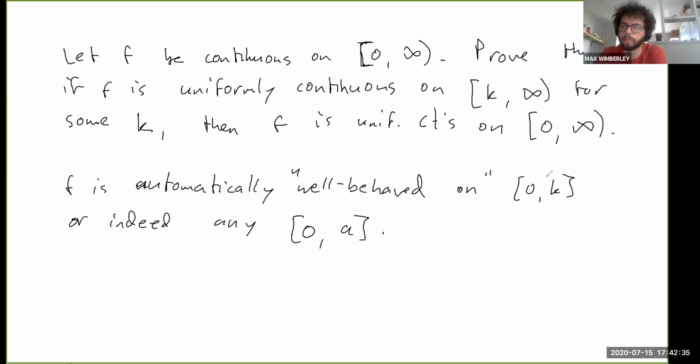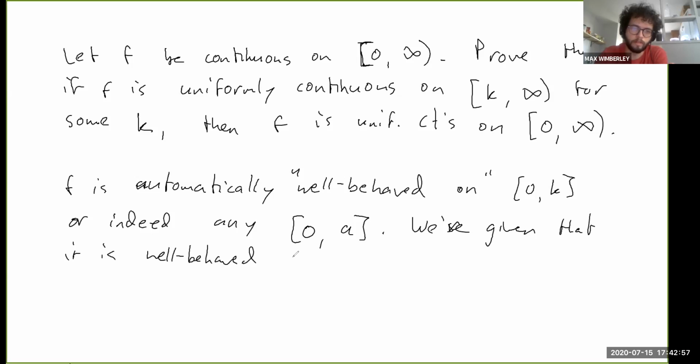Because they're closed intervals and f is continuous. So you can find the smallest delta you need across this entire interval, and then we're also given that it is well behaved on [k, infinity), right?